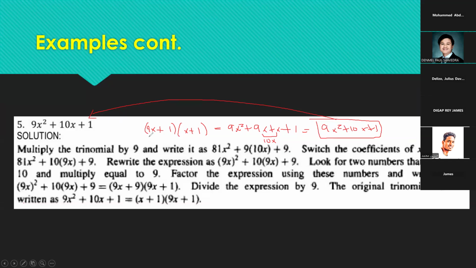You can use this one, it's okay, it's fine. And like in here, I think it added 9, multiply the trinomial by 9 and divide it. Yeah, this one is quite complicated. But if you're good with this one, of course you can also follow this.